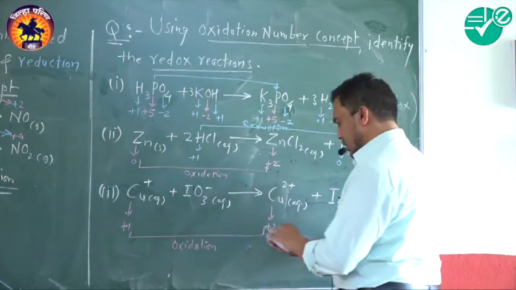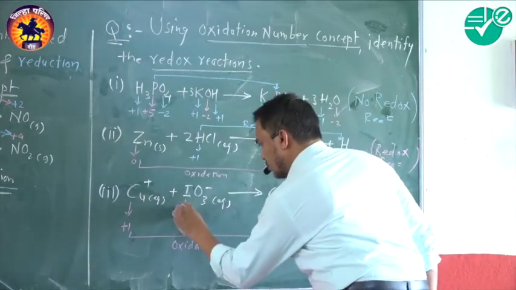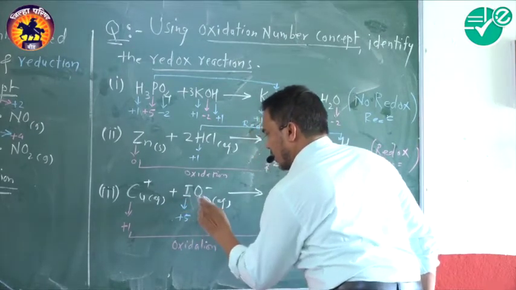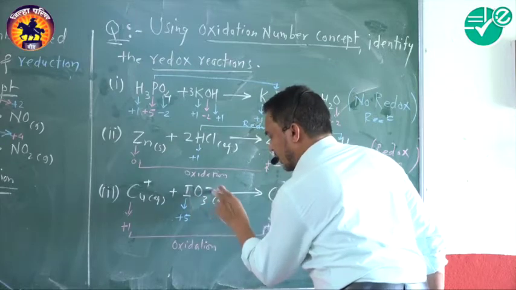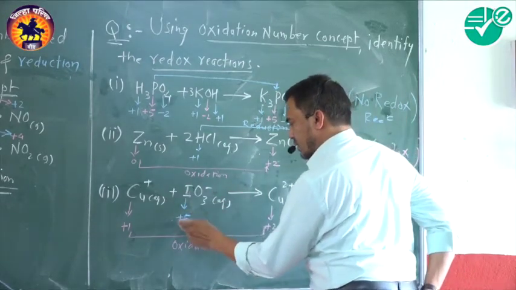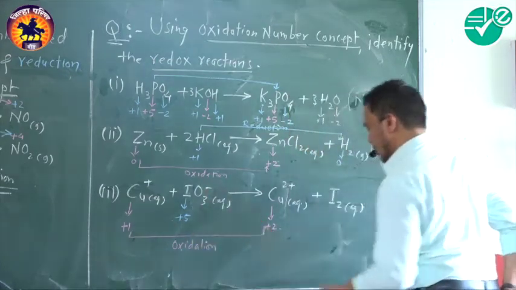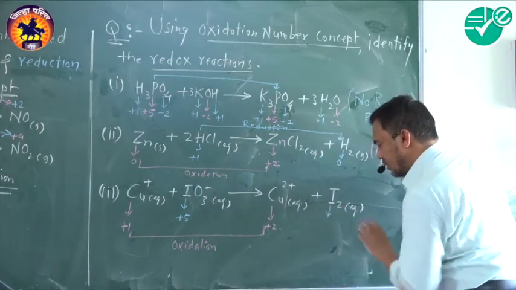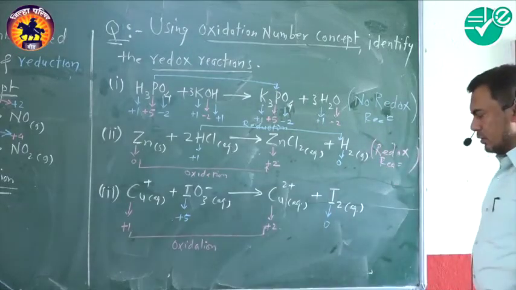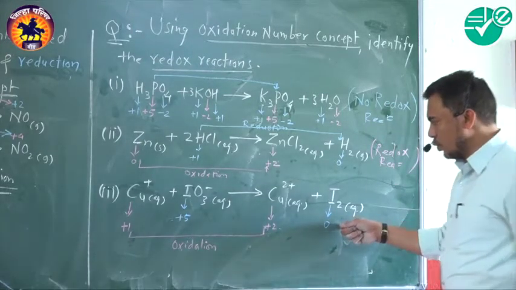Similarly, simultaneously here, the iodine oxidation state is calculated to be +5, as the polyatomic ion has a net charge of -1. So after assigning, it comes to +5, and the iodine in the free state, that is in a standard form, has oxidation state 0.